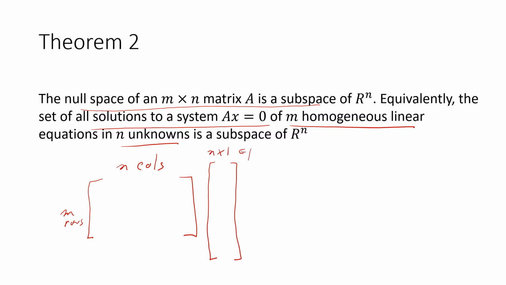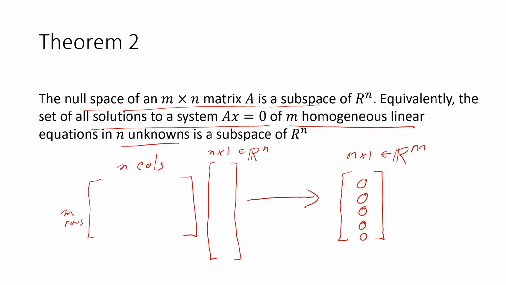So this is part of Rn, and it transforms into an m by 1 matrix, which is part of Rm. And everything on the left-hand side that turns into all zeros on the right-hand side, that's your null space. This theorem says if you take all of those things, collect them all together, they are going to be a subspace.